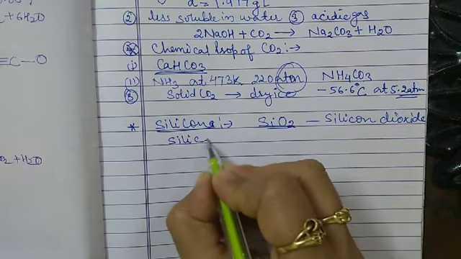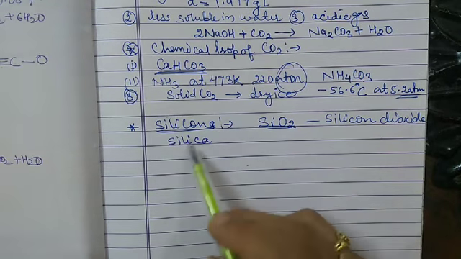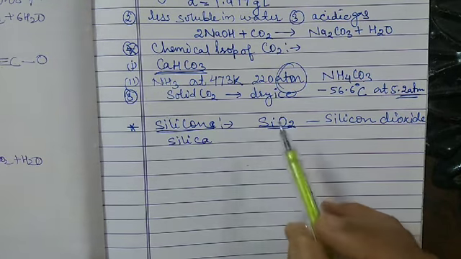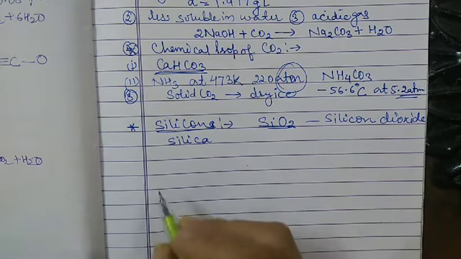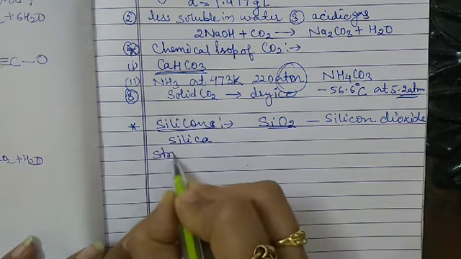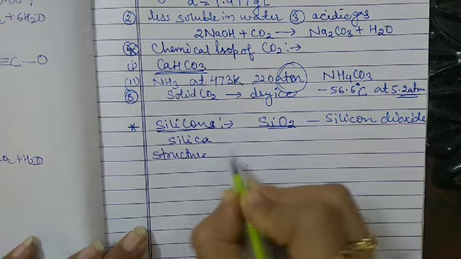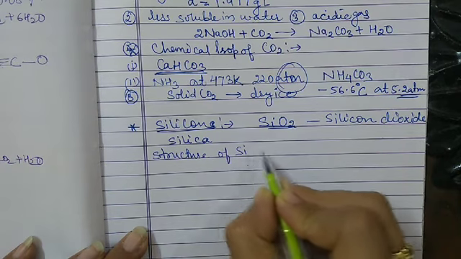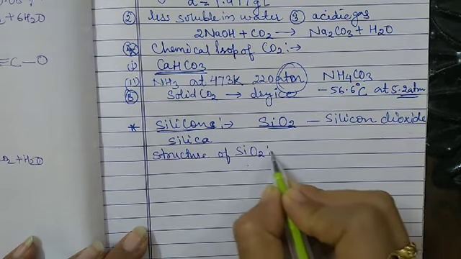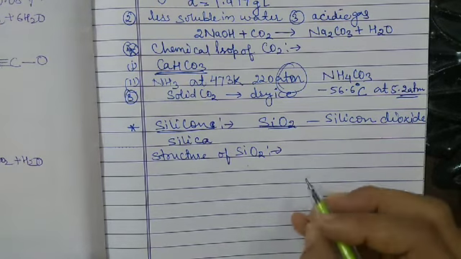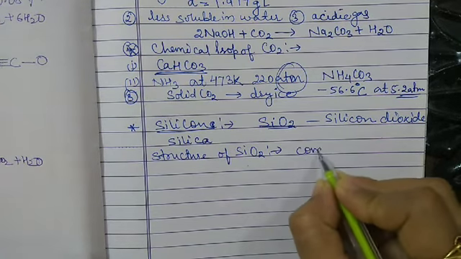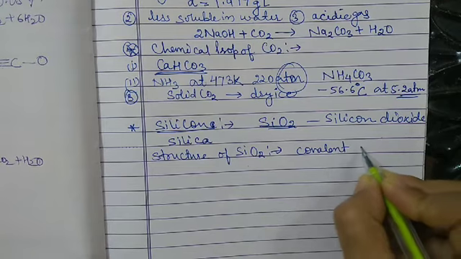Silicon dioxide is also known as silica, and it exists in the form of quartz, which is used in the irons. Now let us discuss the structure of silicon dioxide.